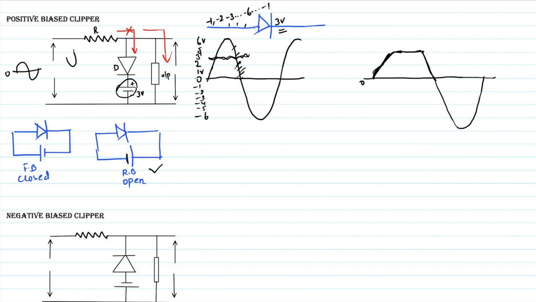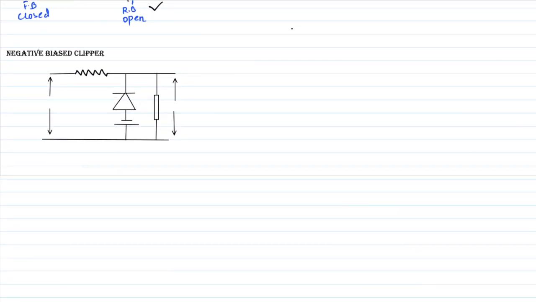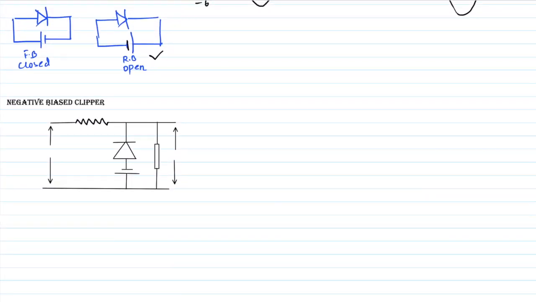So only till 3 volt is the output signal allowed. Whatever voltage is greater than 3 volt is removed. This is a positive clipper, so the positive waveform is clipped, and the negative we get as such because the anode's voltage is less.